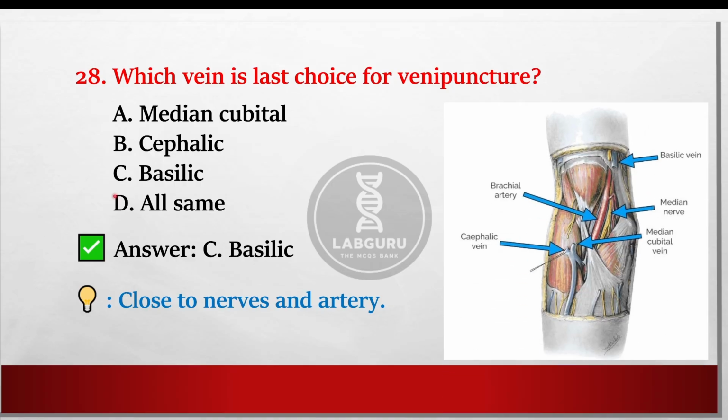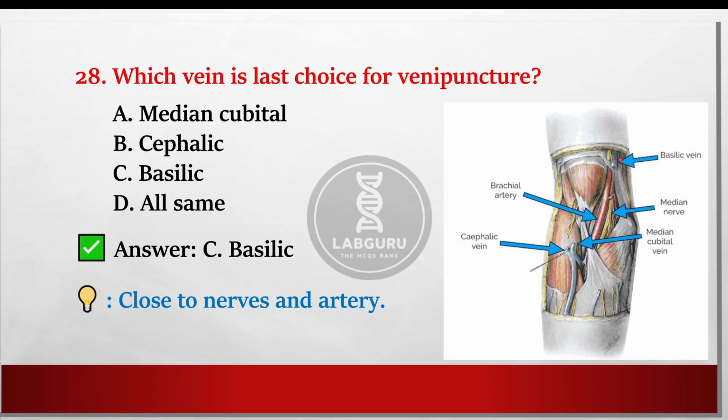You can see in this picture, this one is the median cubital vein. It is our first choice. Then at the side of this there is a cephalic vein. After median cubital, we prefer the cephalic. But the basilic is the last option. Why?